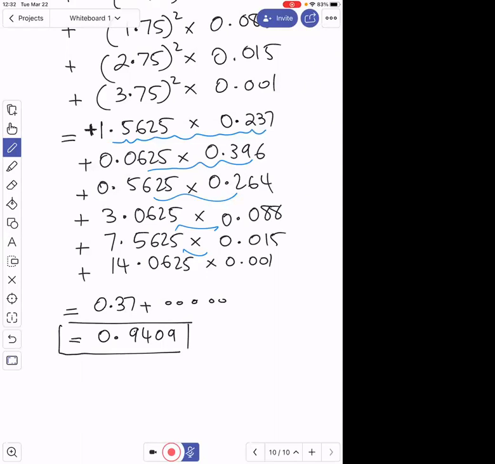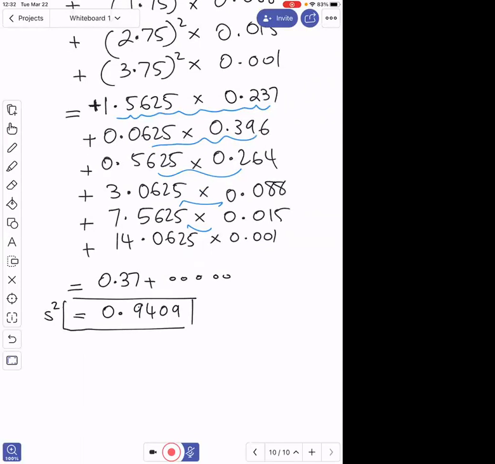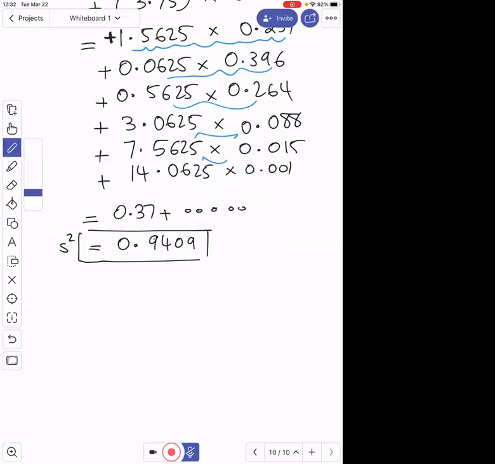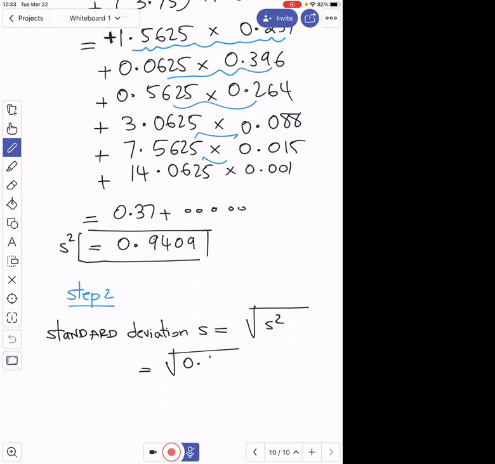So that's your variance. That's your S squared. And then in step 2, your standard deviation, of course, would be just the square root of S squared. So standard deviation S is the square root of S squared. So that's the square root of 0.9409.